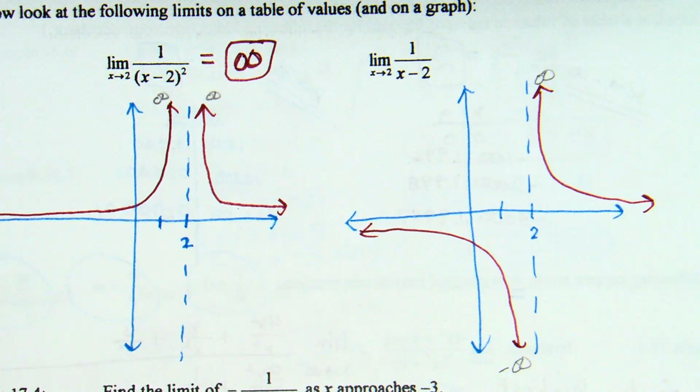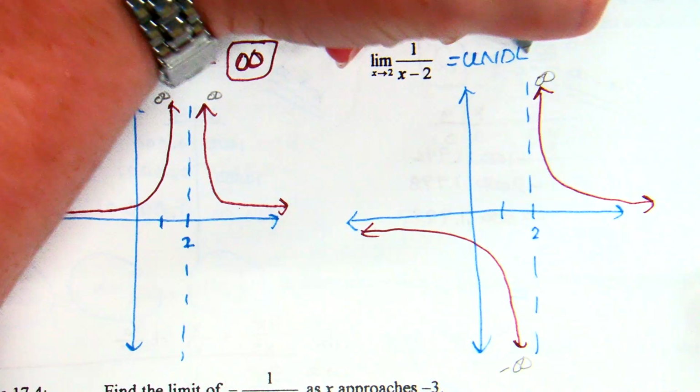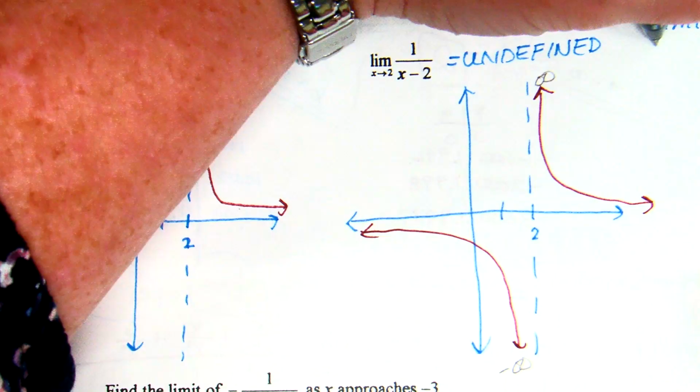Okay, so 2 ways to say it. You can say undefined or limit does not exist. So I have undefined written in my notes, but you also will hear DNE, limit does not exist. So realize if you see DNE in calculus, that means does not exist.